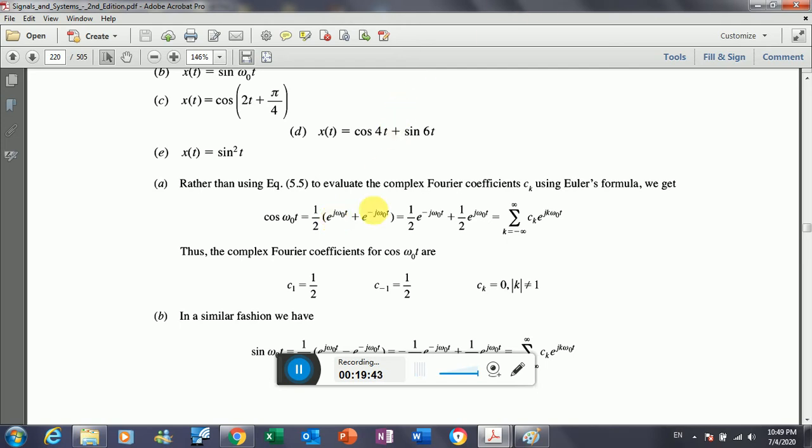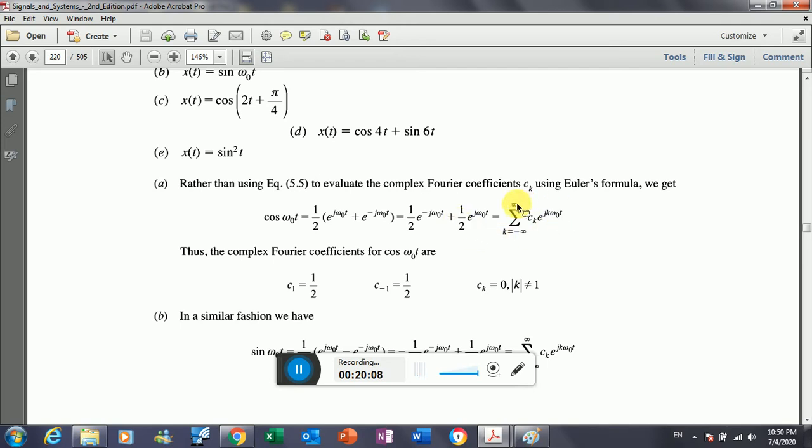So this can be separated and it can be compared with this equation x of t. So x of t is equal to the sum over k equal to minus infinity to plus infinity of C of k e raised to the power j k omega naught t, right?